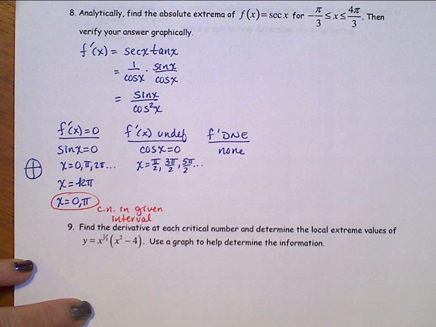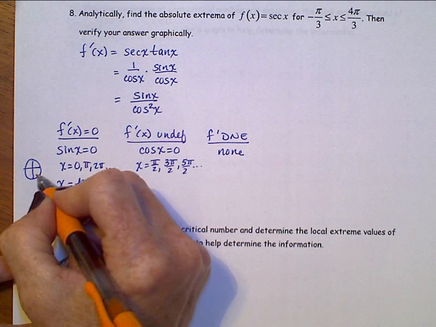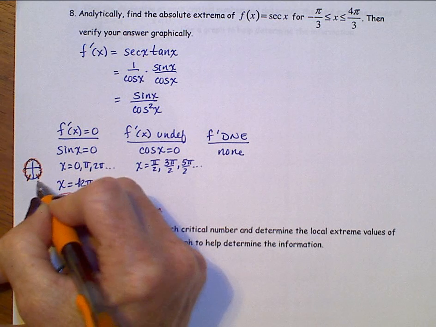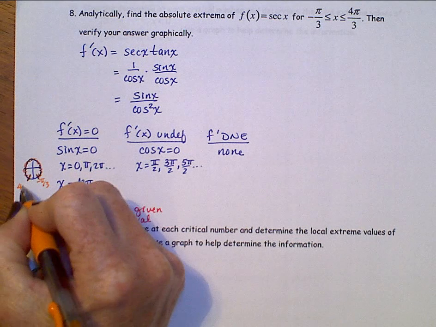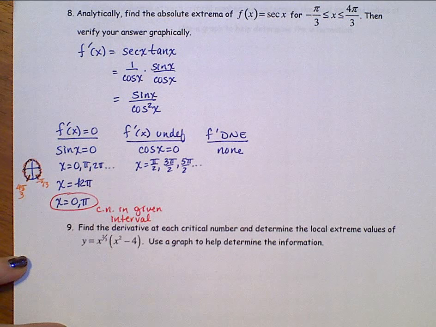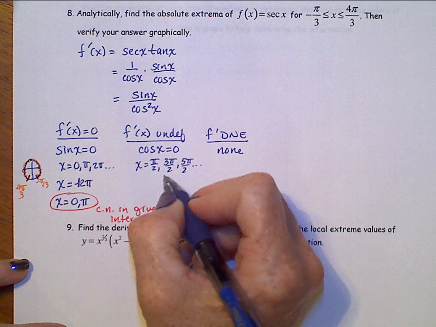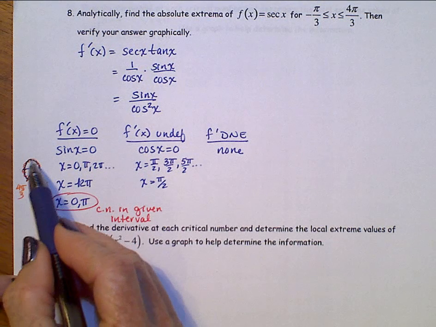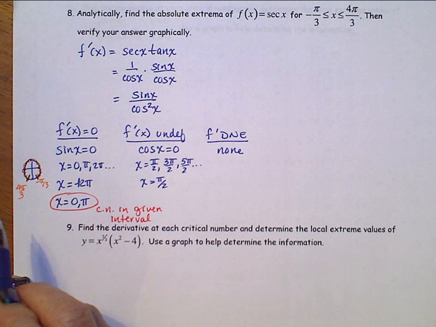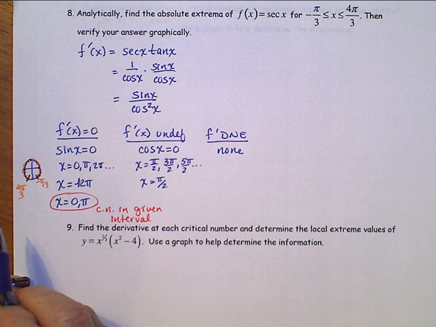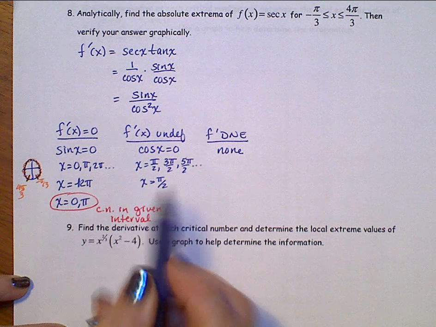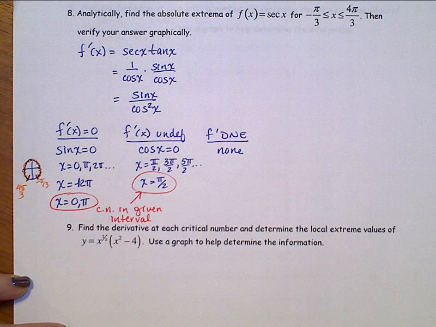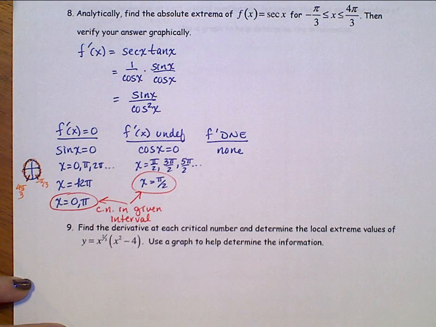Visually, negative pi over 3 is here, up to 4 pi over 3 here. Okay, so the critical number here is going to be at x equals pi over 2. That's that one. And, oh, I think that's it. Just pi over 2. Yeah. So that also is a critical number in the given interval, just those.